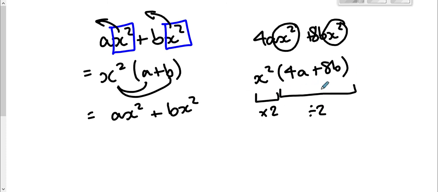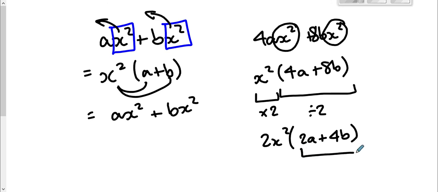It's the same here. I can divide that by 2. That will leave me with 2a plus 4b, dividing both parts by 2, as long as I multiply that by 2 as well. And that's taken the common factor out. Now, you'll notice here, each of these numbers here is divisible by 2 again.